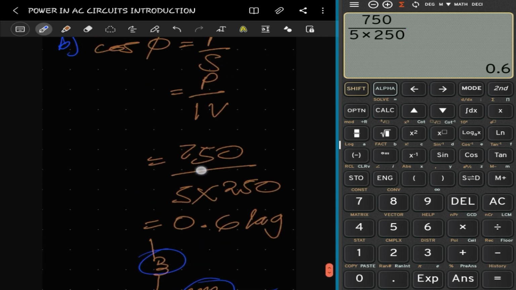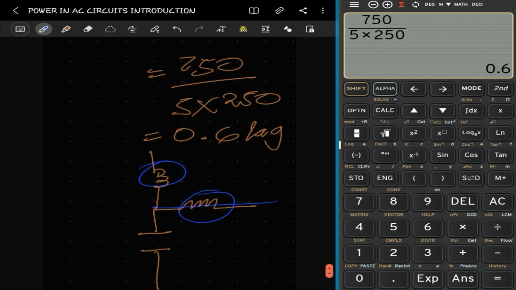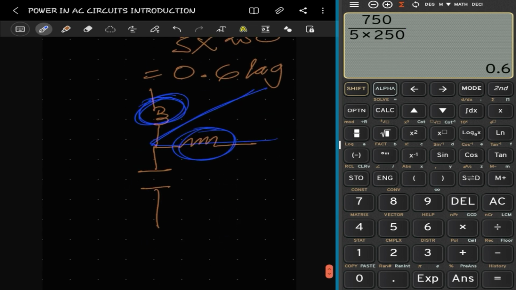the resultant, what's the name? Apparent power will be here because we have an inductor, that's a coil, and a resistor. So the apparent power will be here. But if we were to have a resistor and a capacitor, it would have been here, but that's not what we have.